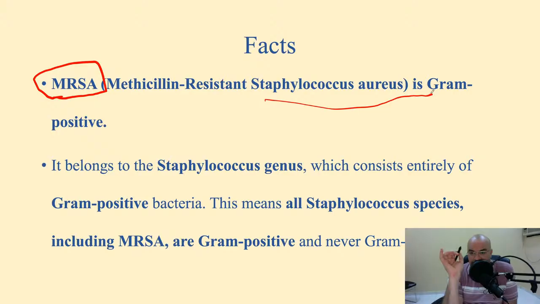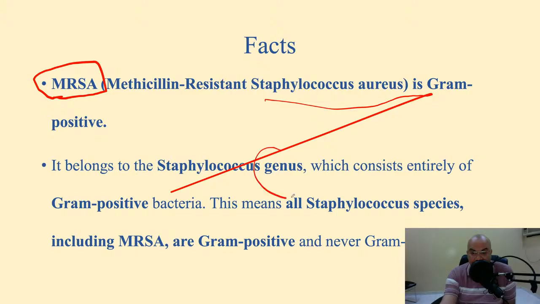So we're talking about Staphylococcus in a grape-like cluster shape, with a thick cell wall, and it's methicillin resistant. That means they have developed their own way to resist antibiotics. It's gram-positive, and it belongs to the Staphylococcus genus, which consists of gram-positive bacteria. That means all Staphylococcus species, including MRSA, are gram-positive.